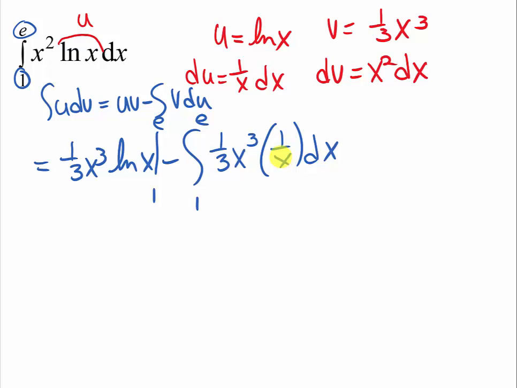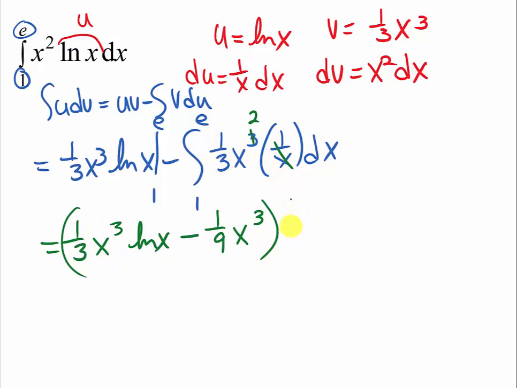Okay, so now this will cancel and leave me an x squared here, and I need to do that last integral, and then I'll be able to evaluate. So I have 1/3 x cubed natural log of x minus, integrating this, it's going to need a 1/9 and x cubed because I need one higher power. I need the reciprocal of that power, and so that was 1/3 times the 1/3 that's already there. Now all of that needs to be evaluated from 1 to e.